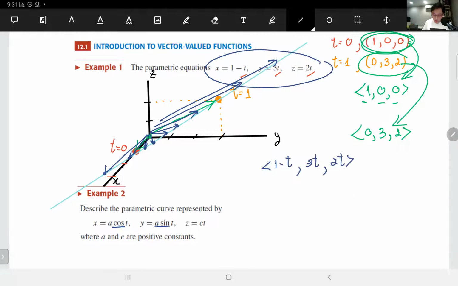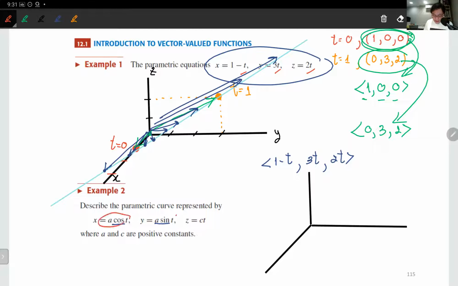Okay, so I'm going to draw our axes once again, the x, y, z, just like before. Just to practice, do you guys remember what this parametric equation is? We have seen this many, many times.